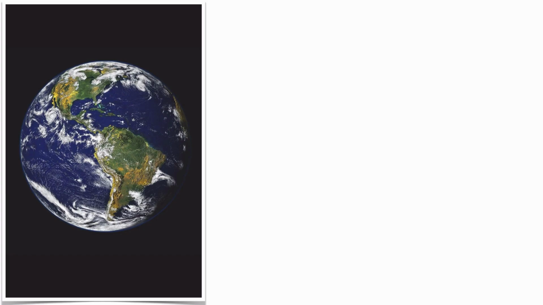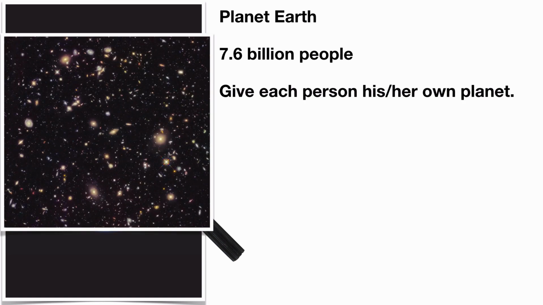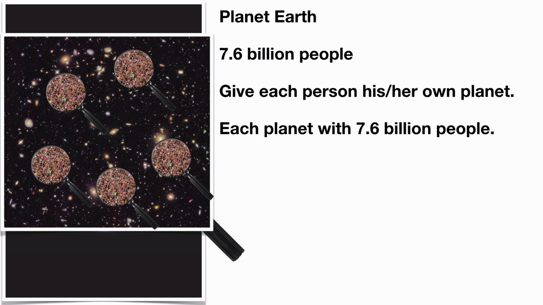Okay? So let's do a kind of corny example using large and small numbers. Let's say you take planet Earth with 7.6 billion people, and you take each person on Earth and give that person their own planet. Then you populate every single one of these 7.6 billion planets with 7.6 billion people.